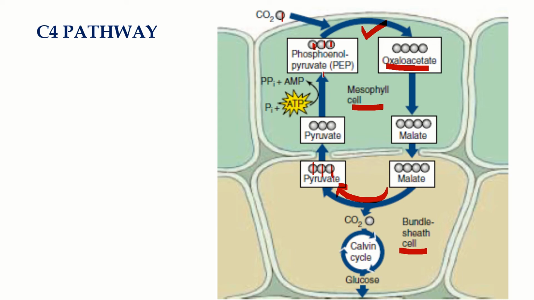So basically what is happening here? This pathway is a carbon dioxide pumping mechanism. Carbon dioxide is coupled with the PEP to form oxaloacetate. It is transformed into malate, and this malate is transported into the bundle sheath cell, where carbon dioxide is released.